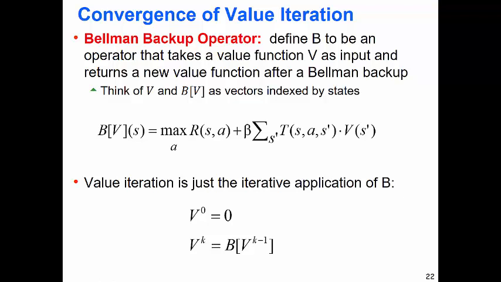Then BV of S is the output value for that particular state. This is nothing but the Bellman backup again. And we can now write value iteration in a very concise way. If you have this operator defined, V0 is the 0 vector, and V_k is the vector you get by applying the operator to V_{k-1}. This is just rewriting everything so that we can manipulate easier expressions.